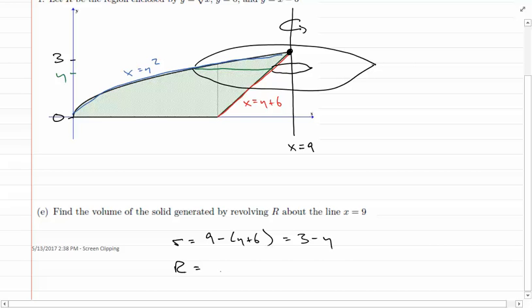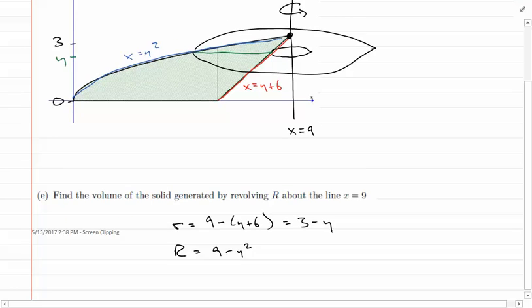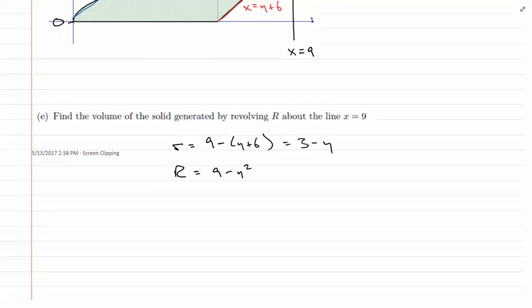The outer radius is going to be 9 minus y squared, because it's the distance between x equals 9 and x equals y squared, and that can't really be simplified. So we've got our inner and outer radius.